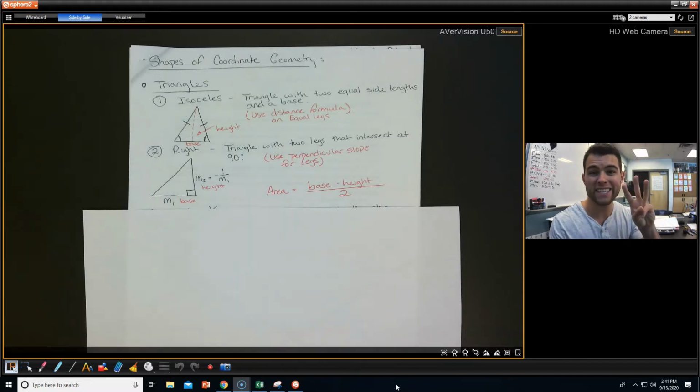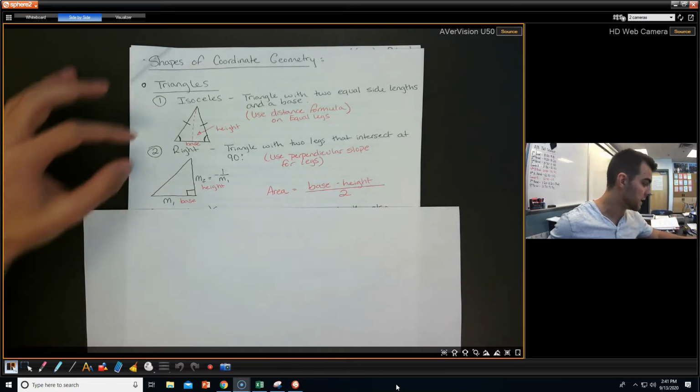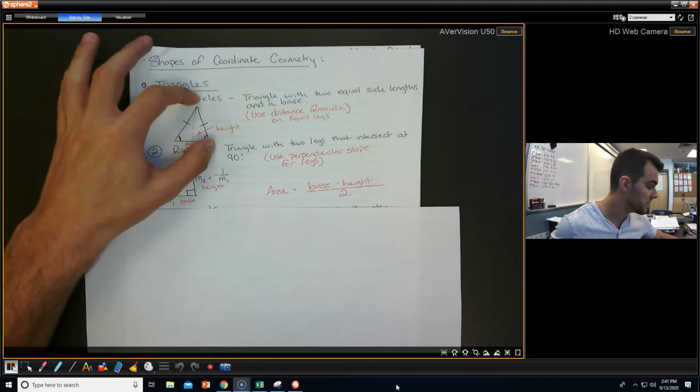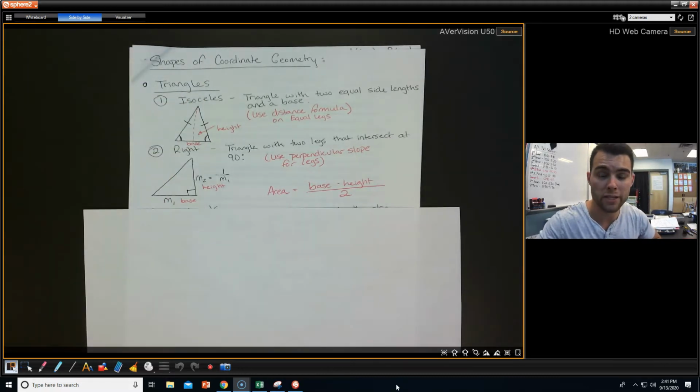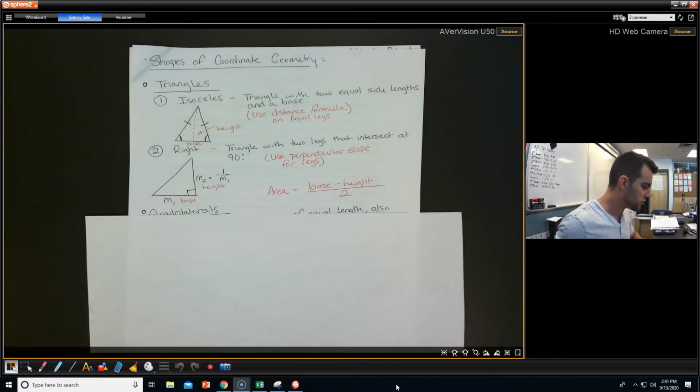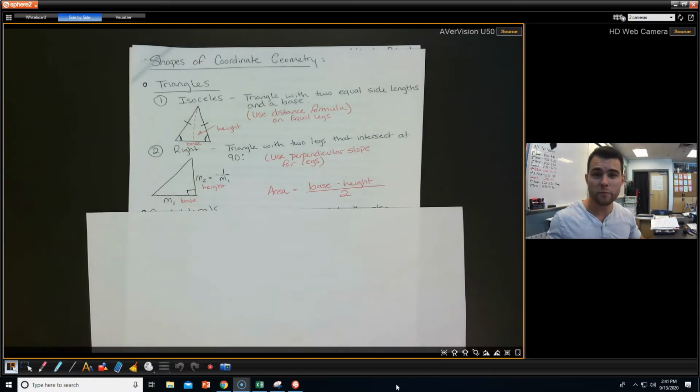So if I have three distinct points on my coordinate plane and I want to check if they represent an isosceles triangle, well, I could look at the legs of each of those points. I could use a distance formula between those points, and if they are the same, then I probably have an isosceles triangle. Okay?